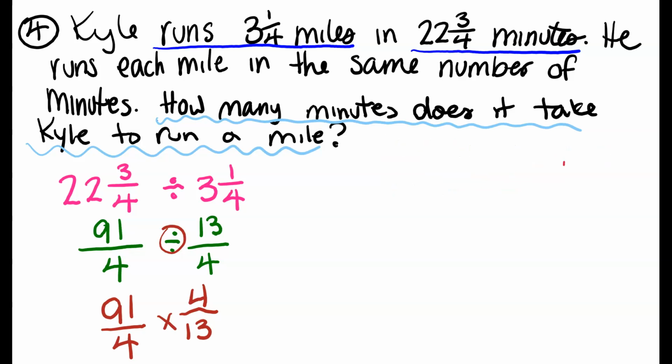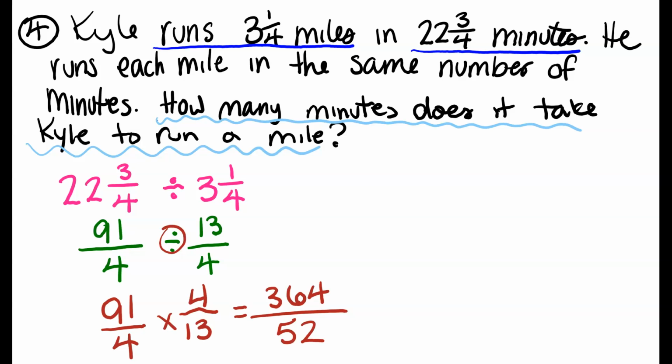And multiply, I can multiply straight across. A little bit trickier, but 91 times 4 is 364 over 4 times 13, which is 52.